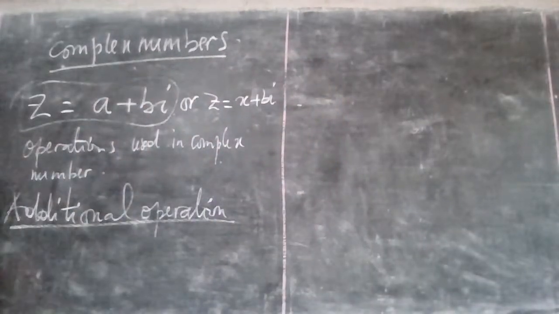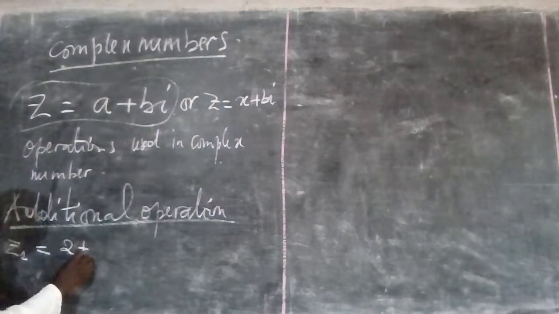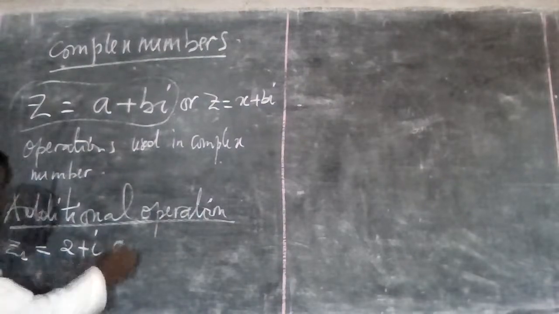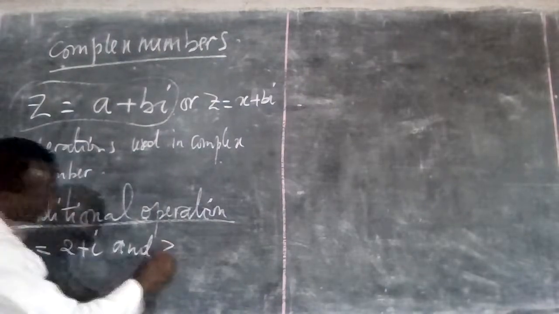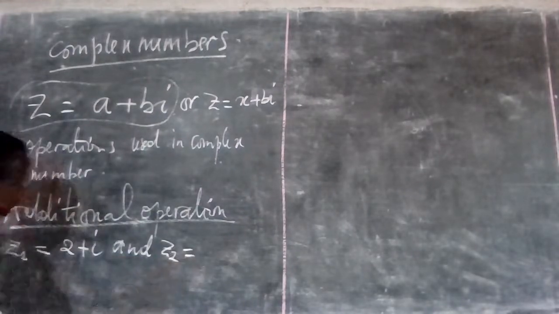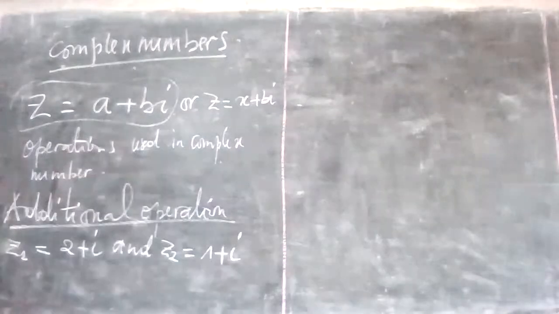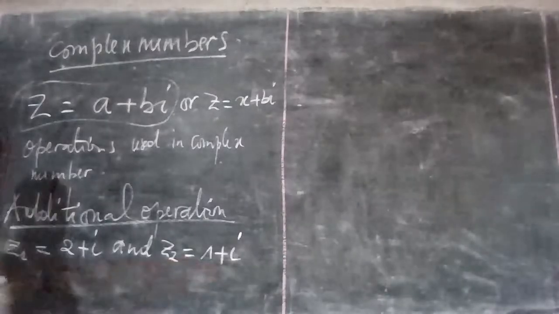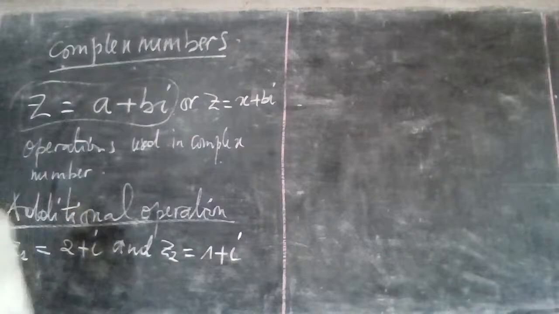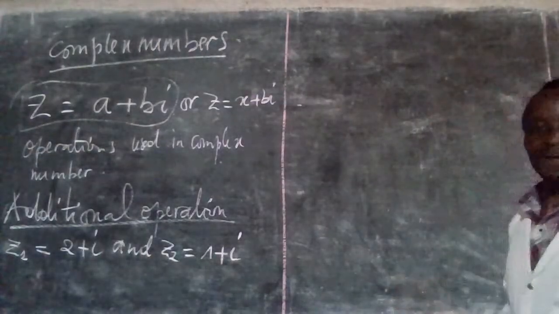If you are given z1 as the first complex number, which is equal to 2 plus i, and z2 as the second complex number, which is 1 plus i. How should we add those two complex numbers?